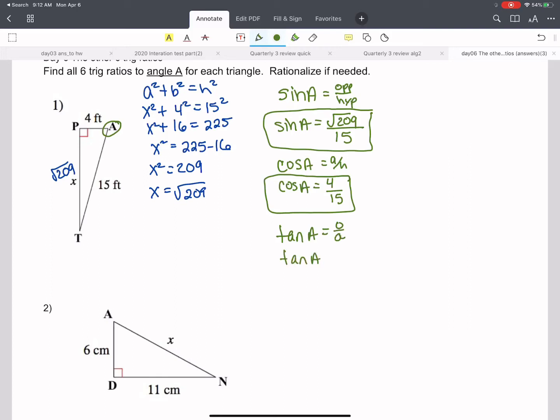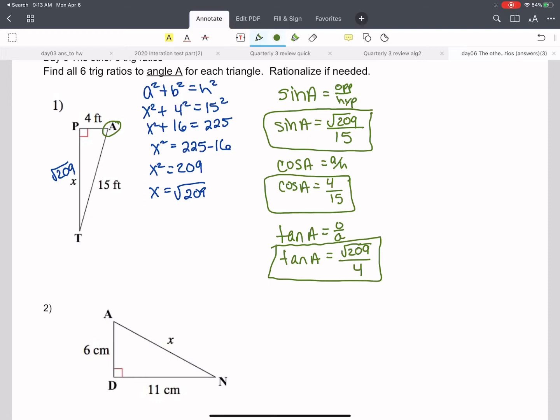So tan of A is square root of 209 over 4. That is what you should have gotten. Opposite over adjacent. So now you have all of those.